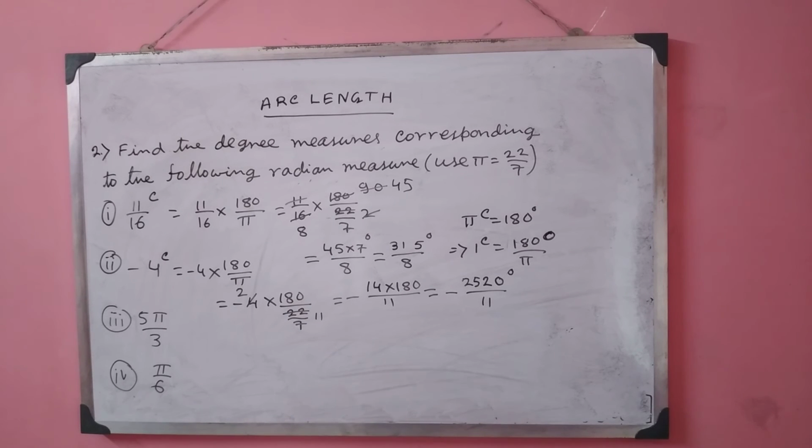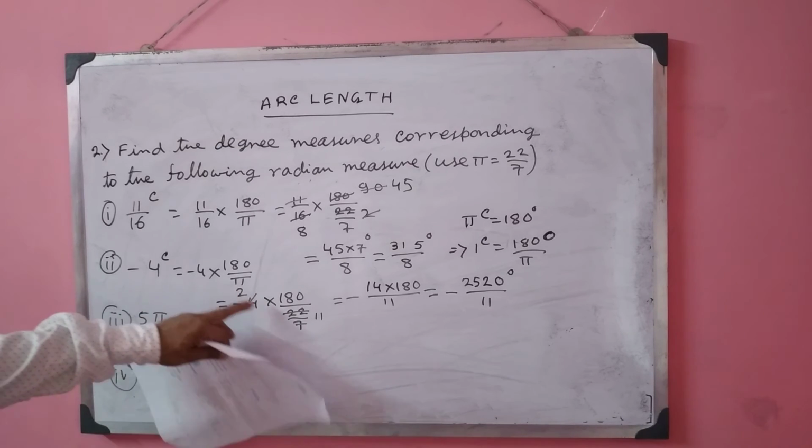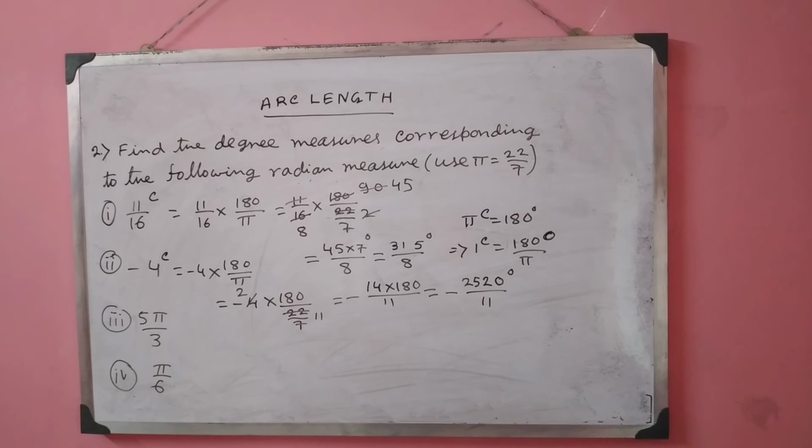Minus 4 radian is equal to minus 4 into 180 by pi, and pi is equal to 22/7. So we use pi equal to 22/7. Then after calculation, this becomes minus 2520 by 11 degree.